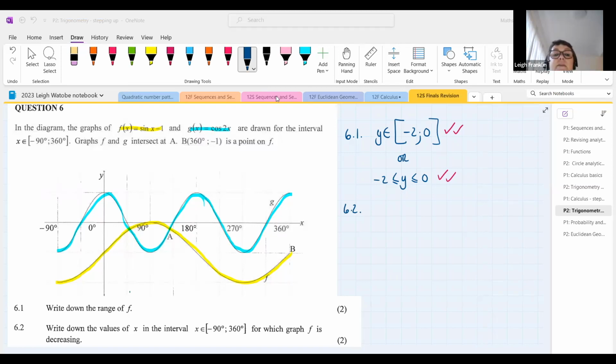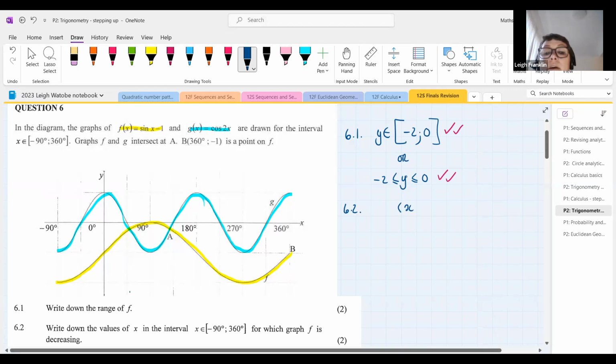So where the gradient is negative, that is going to be between, yes, Kamogelo, quite right. It doesn't matter how you write that. It's going to be between 90 and 270. So when x is greater than 90, but smaller than 270.